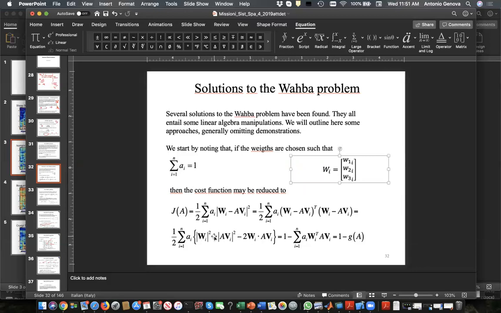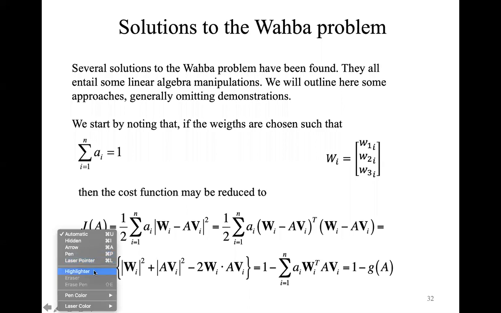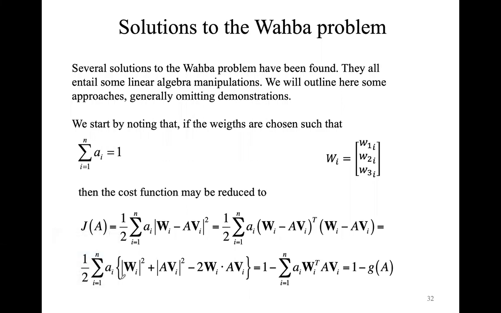The first is the norm of the vector W and the second is the norm of the attitude matrix times the vector V. But by definition, we assumed that we are using versors, so these two norms are indeed equal to 1.